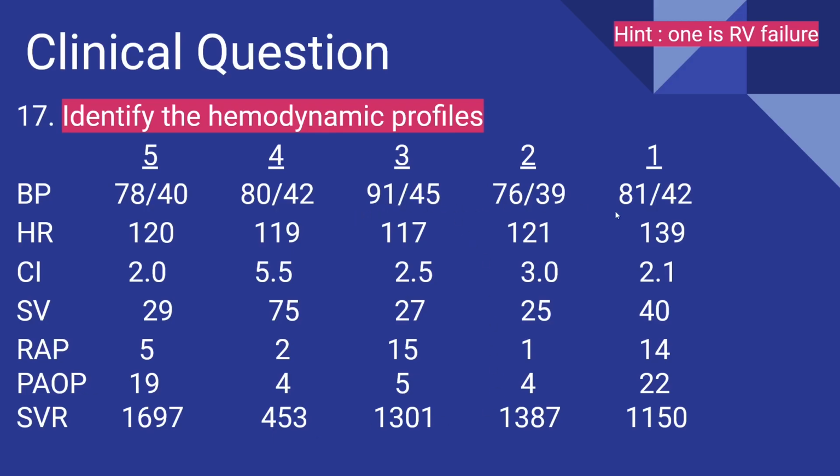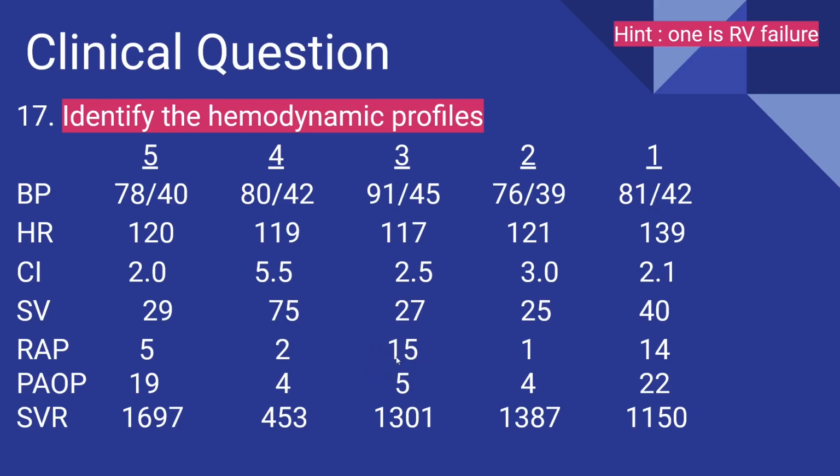This next one, all of these are going to be the same. Low blood pressure, high heart rate. This is a low normal cardiac index. This is a low stroke volume. In this one, this is something different. High right atrial pressure.